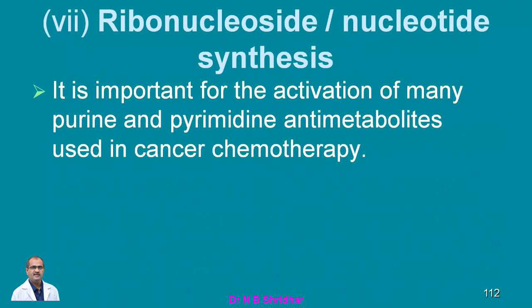So many drugs, especially purine and pyrimidine anti-metabolites, will stop the metabolism of the growing cells. Some anti-cancer drugs are there, and they undergo this type of reaction.